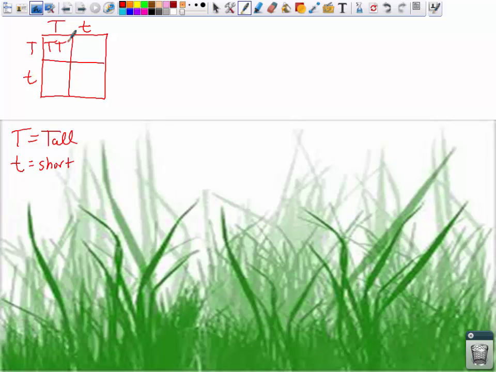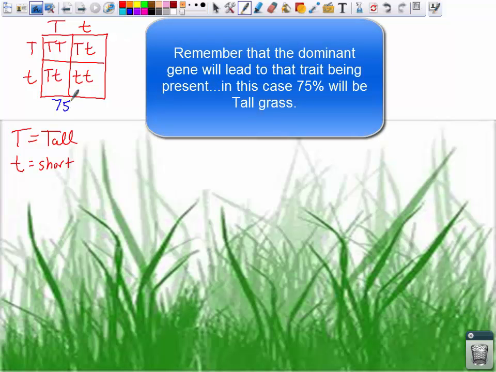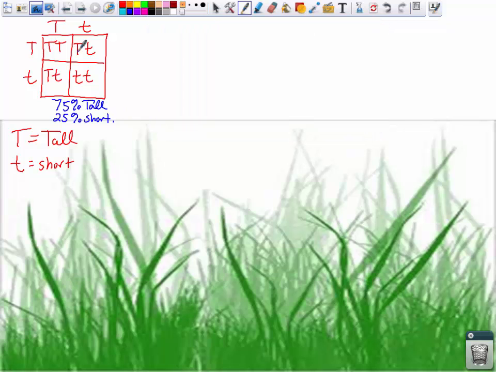You're going to have tall, tall, tall, short. So with this first generation of grass seed, we see we have 75% tall grass and 25% short grass, because the dominant gene is going to dominate in 75% of the grass seed.